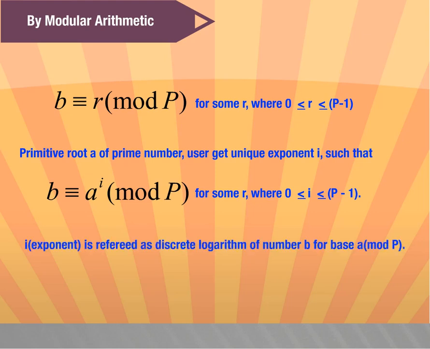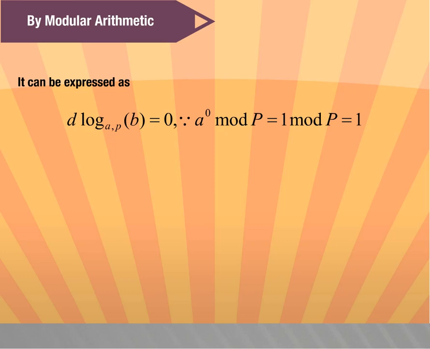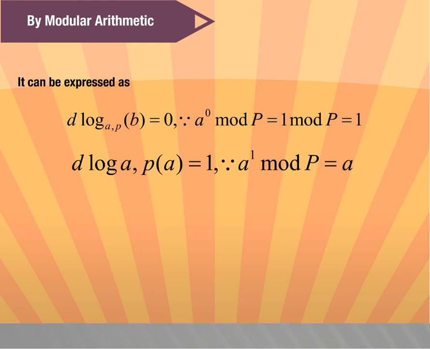This i, that is the exponent, is referred to as the discrete logarithm of number b for base a mod p. It can be expressed as dlog base a comma p of 1 is equal to 0, because a^0 mod p is equal to 1 mod p, which is equal to 1. dlog to the base a comma p of a is equal to 1, because a^1 mod p is equal to a.